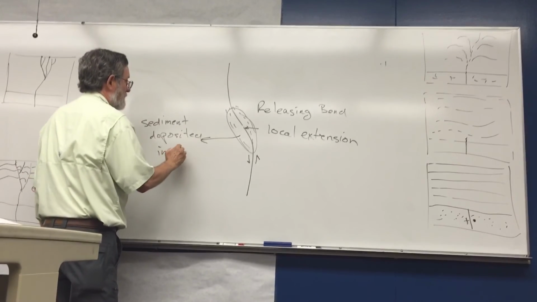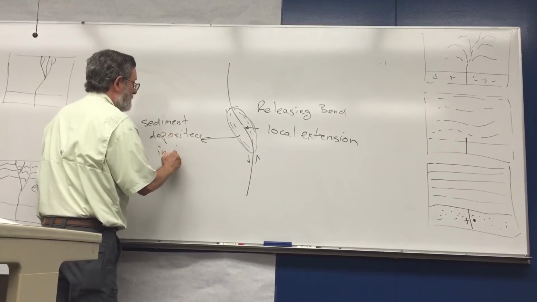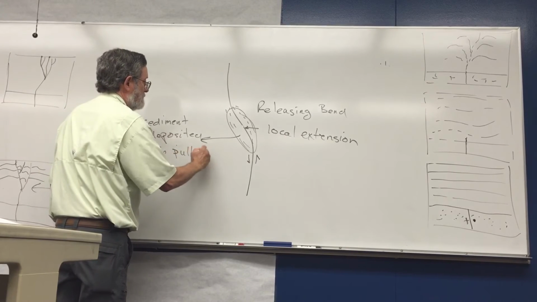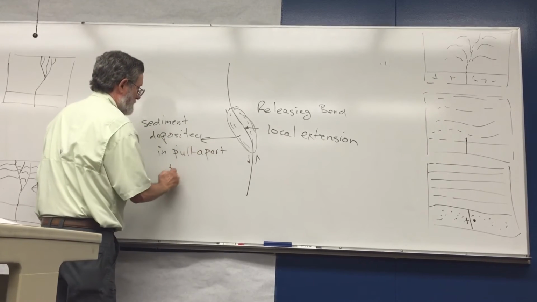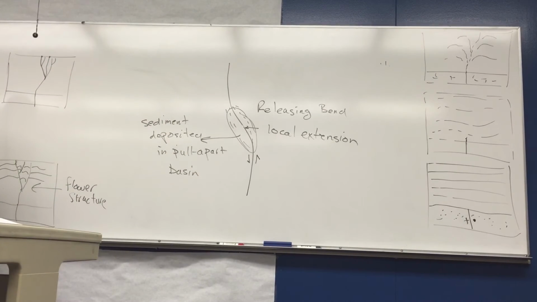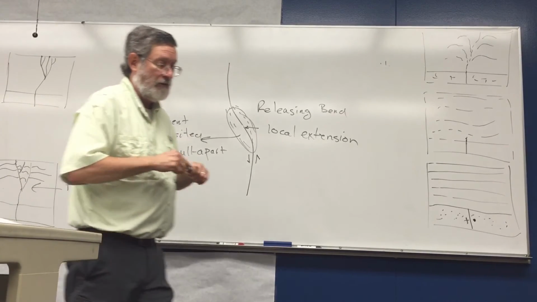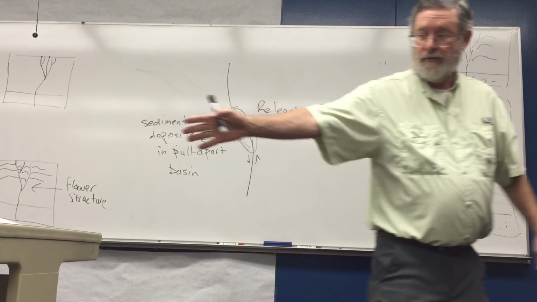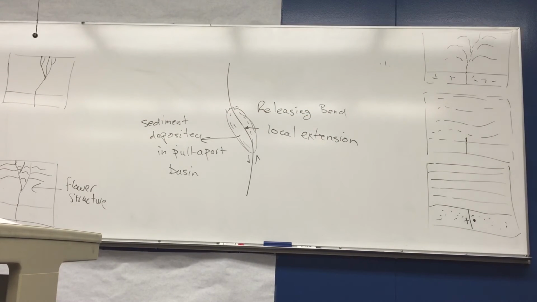Into, and I'm going to call it a pull apart. So we would see normal faults, and we would see sediment piling into this local pull apart basin. In the literature, and I think in your text, we use a far uglier word. We call it a rhombochasm.